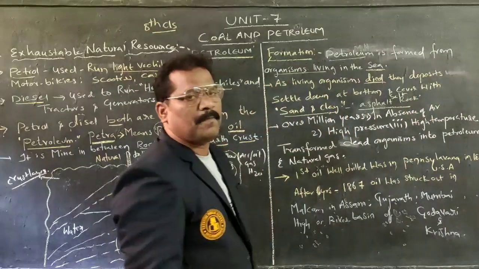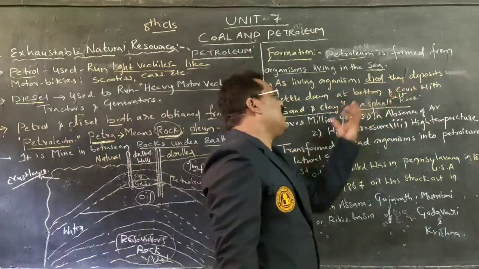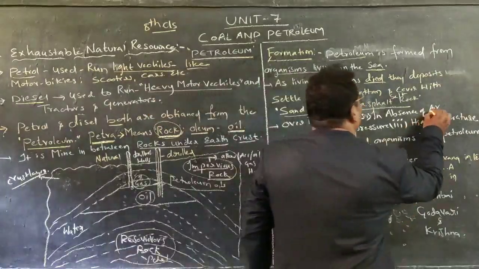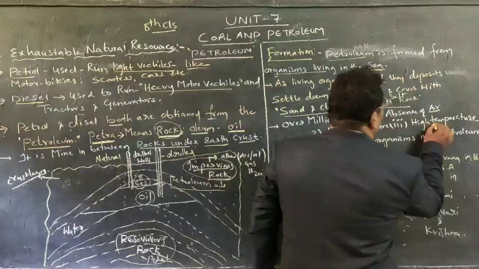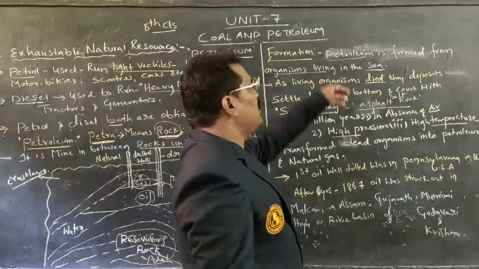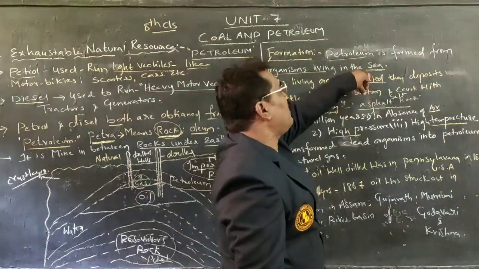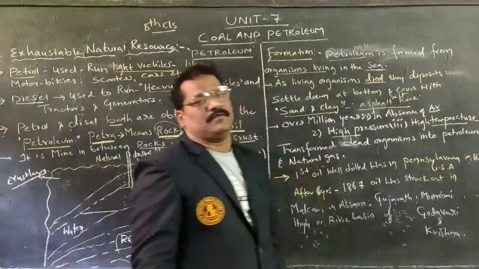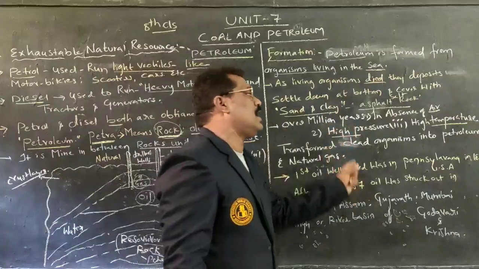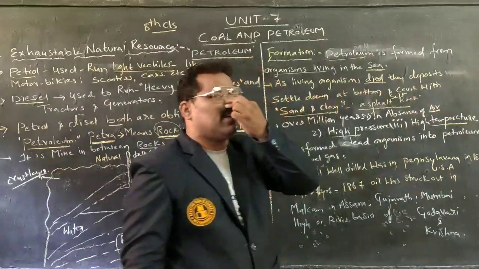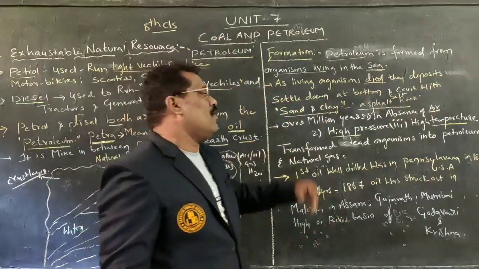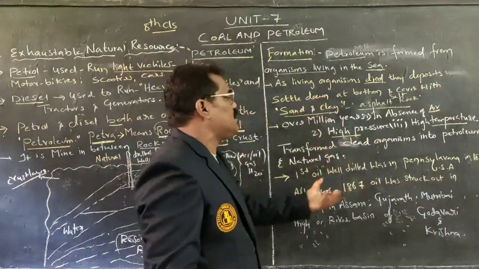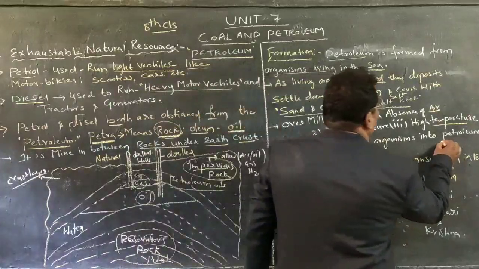Over millions of years, in absence of air, at high pressure and high temperature, the dead organisms deposited at the bottom of the ocean will convert into a fossil fuel.